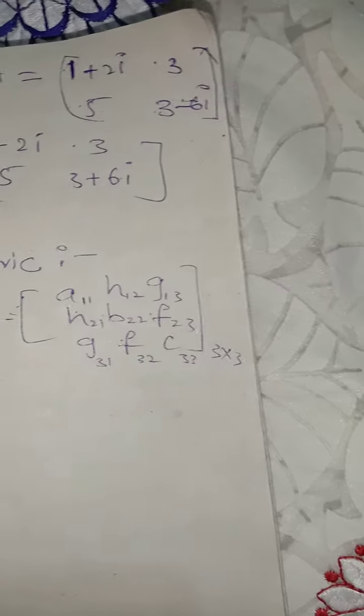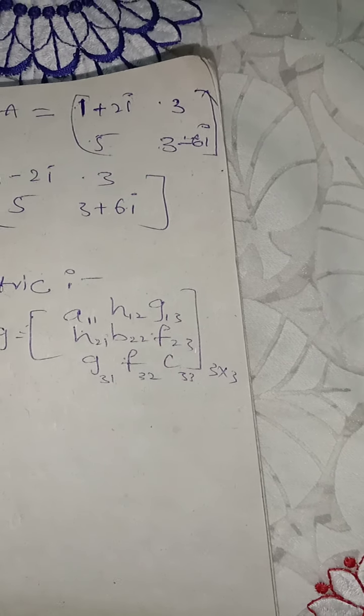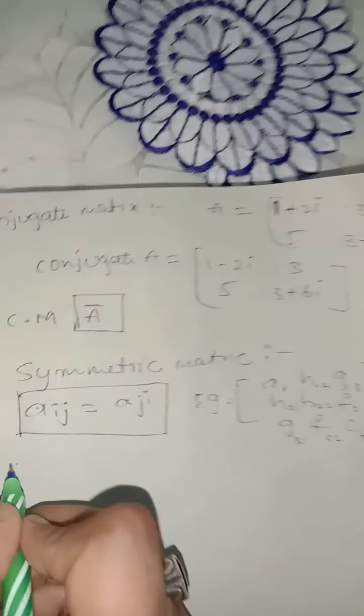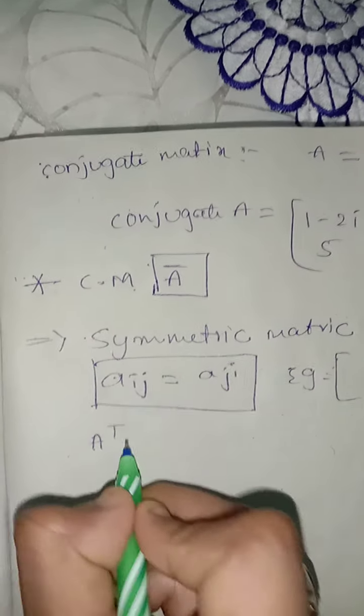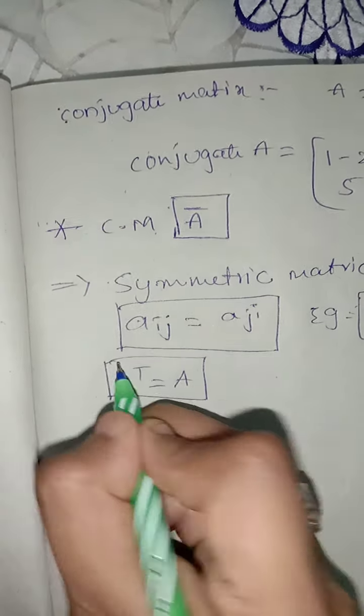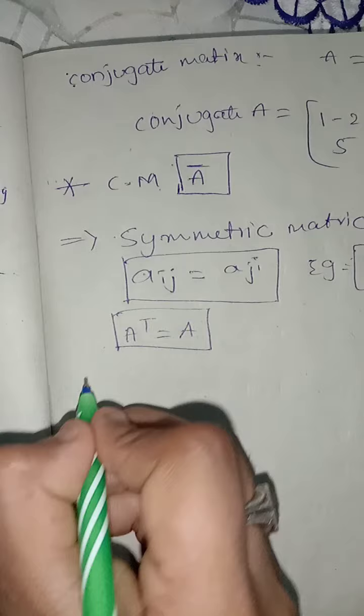Now just see, the a_ij elements are equal to the a_ji elements. So this is one of the symmetric matrices and it is said that A transpose equals A.